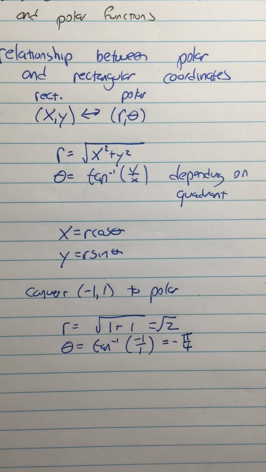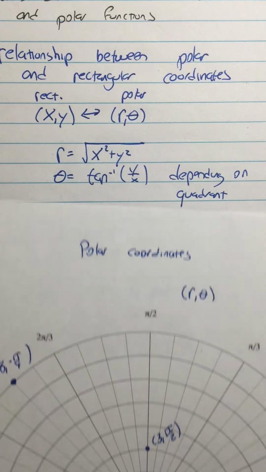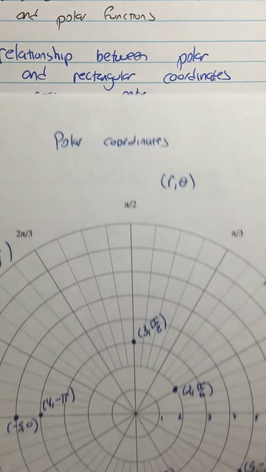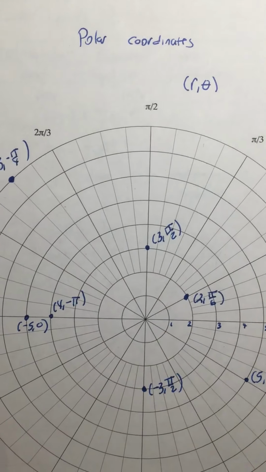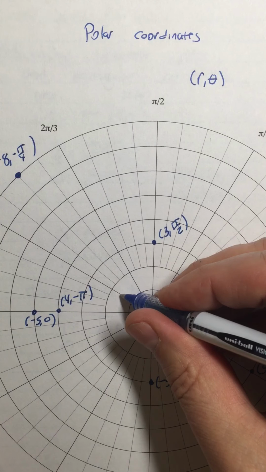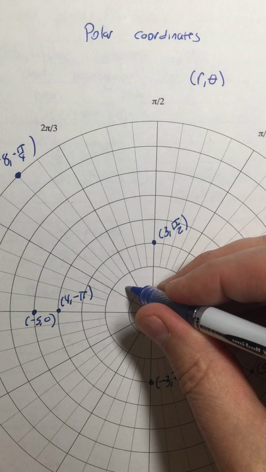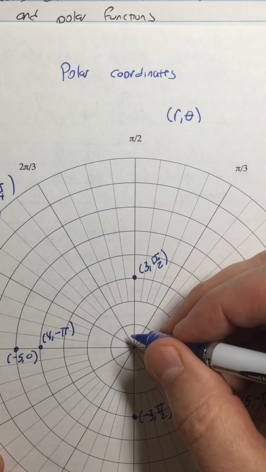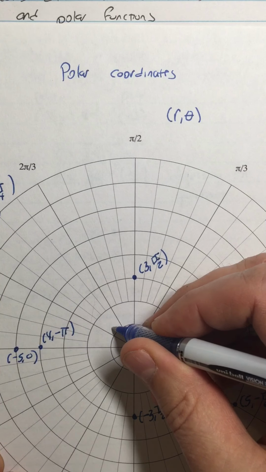But there's a problem with that, because where's the point negative 1, 1 on here? So we're correct about the square root 2 being the distance. So square root of 2 is 1.414. So here's 1, here's 1.414, but we want to be on the pi over 4, right? Yeah. So here's the point.